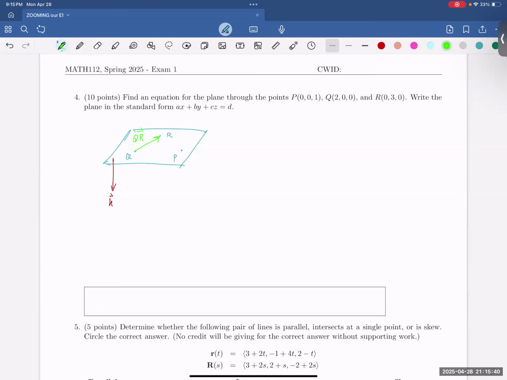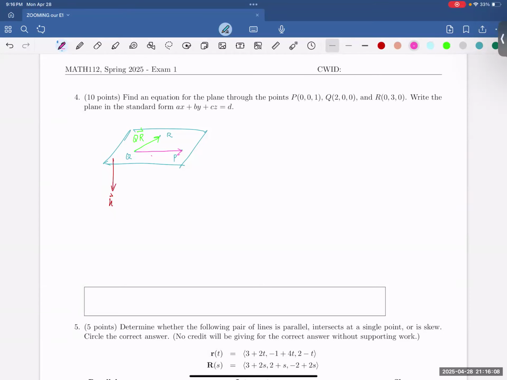And then we cross it with vector PQ. That would give us vector n, the normal vector going down through the page with the right hand rule. You point your fingers in the direction of the green vector, which means you have to turn your hand upside down, curl to the pink, and your thumb will point down through the page.